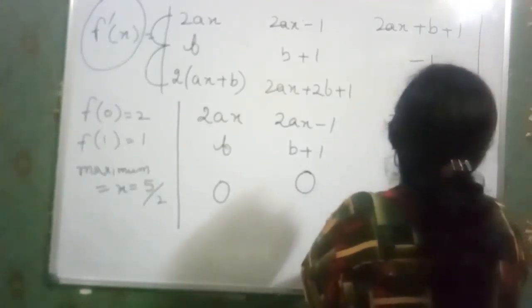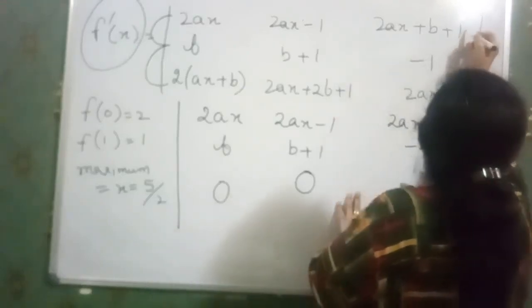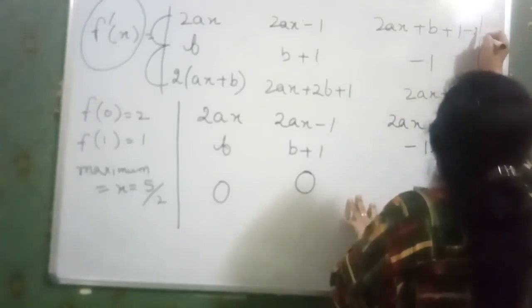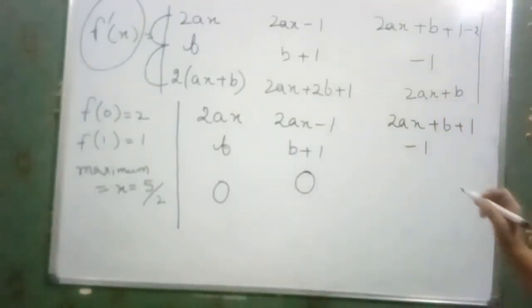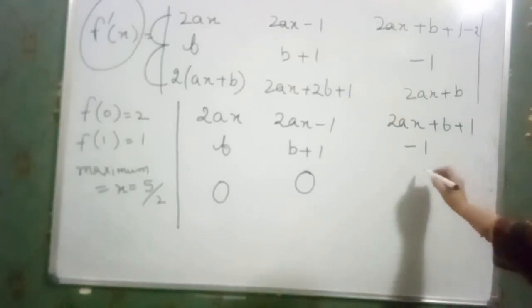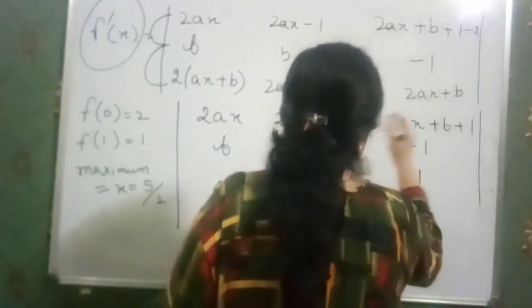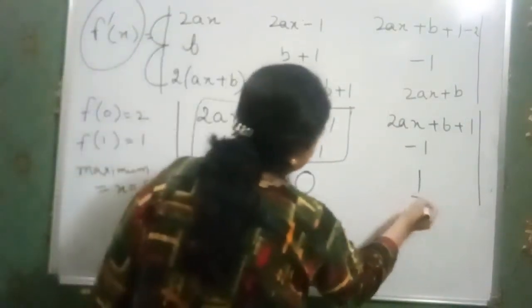Just see over here, we have this plus minus 2, that means minus 1, so we are left with 1. Now in this determinant we have to solve only this portion because 1 is over here.